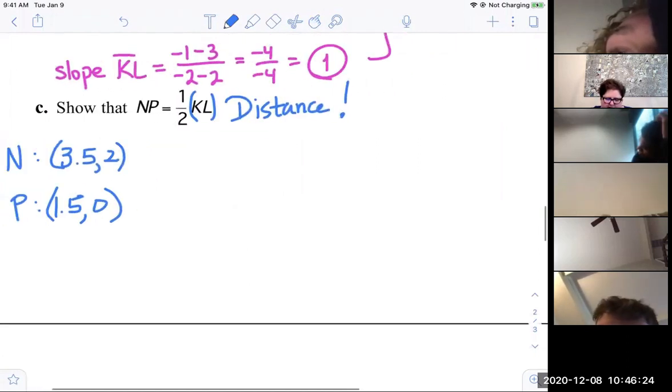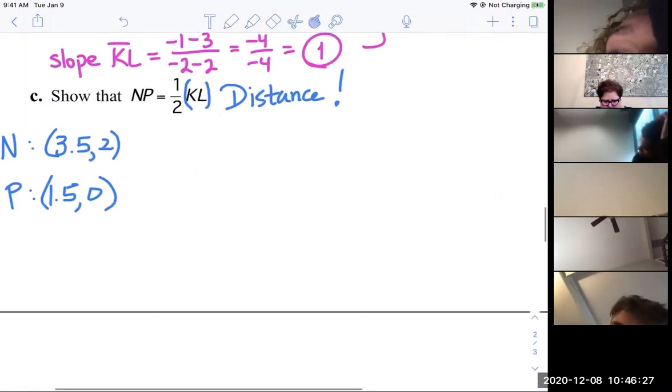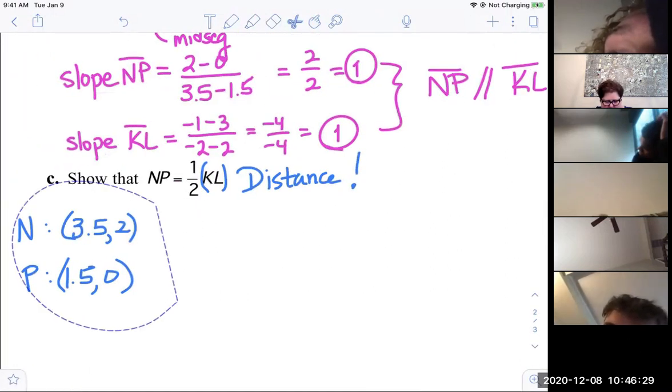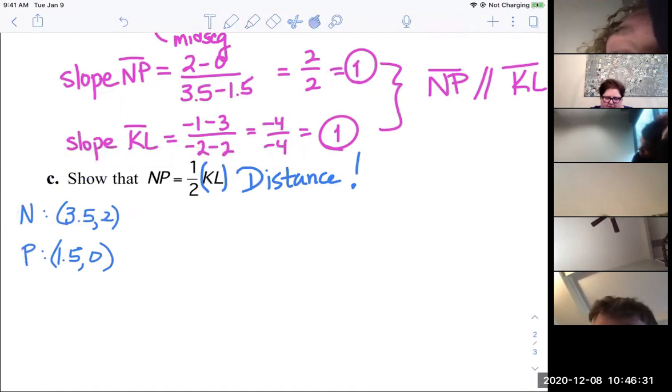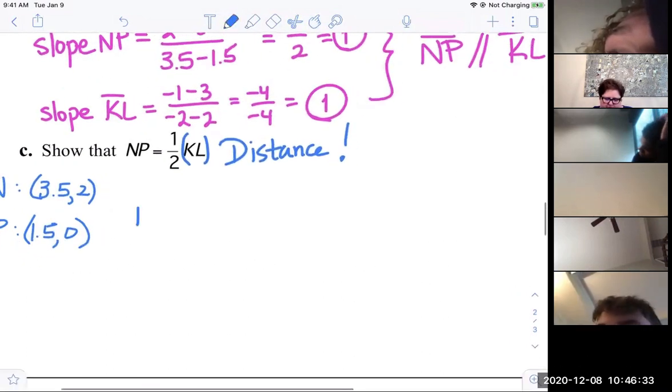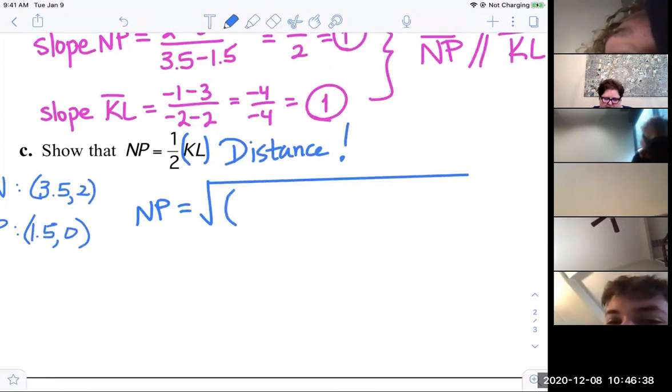So NP is going to be the square root of the differences.